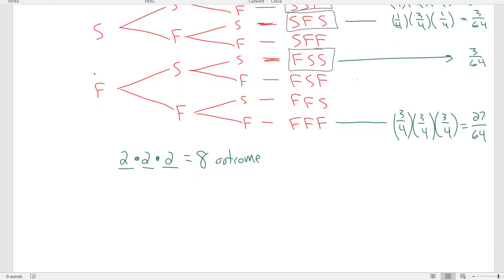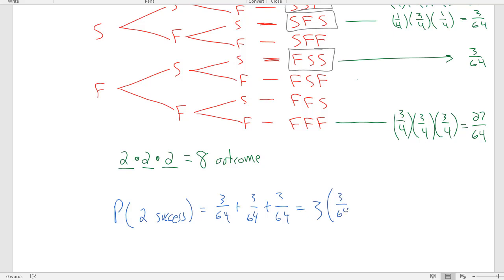Right, so let me switch back to blue. So the probability that I answer 2 correctly is 3 out of 64, 3 out of 64, plus 3 out of 64. So I really have 3 of the probabilities in that case.